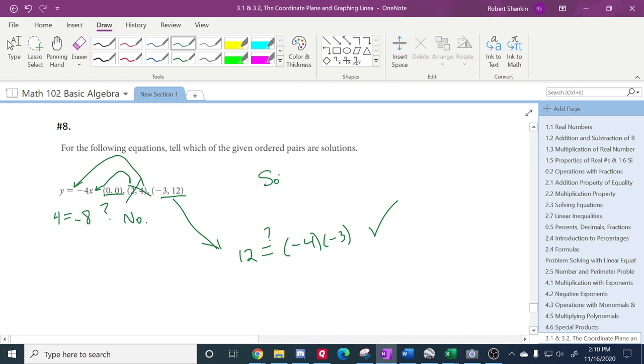Solutions lead to true statements. If it was not a solution, like 2, 4, plugging it in leads to a false statement. 4 and negative 8 are not equal.